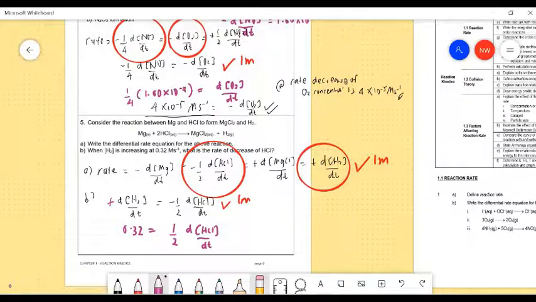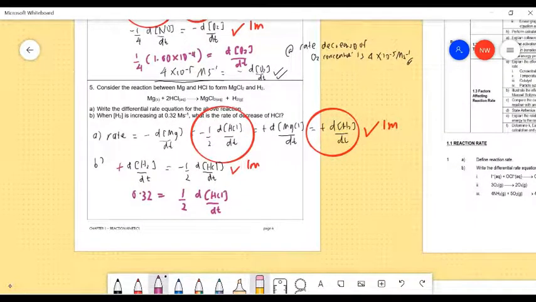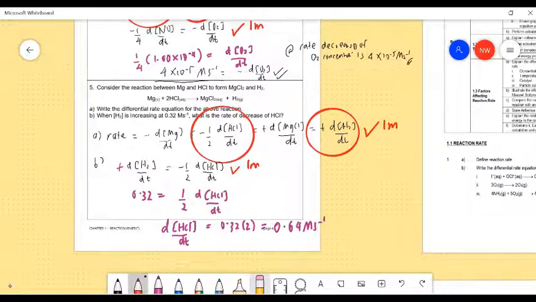Macam saya cakap tadi, dalam calculation tak perlu masukkan negative sign ataupun positive sign dalam calculation. Persamaan sahaja. So, you buat calculation. Apa yang kita nak adalah untuk HCl, dHCl over dt equal to 0.32 darab dengan 2. So, you akan dapatlah 0.64 ms negatif 1. Okay. Jangan tinggal macam ni saja. Tulis dahulu dia punya final statement.